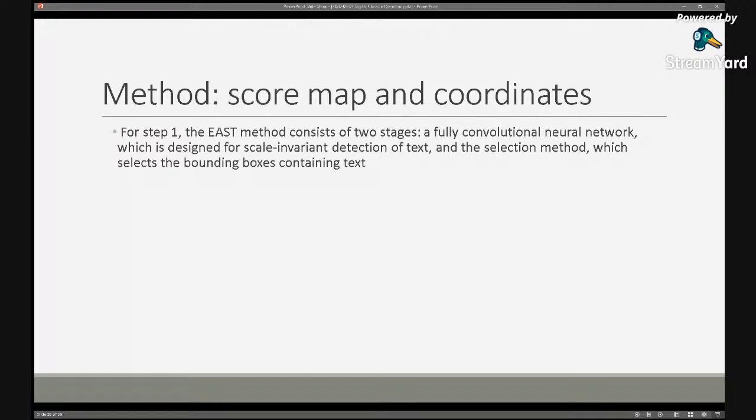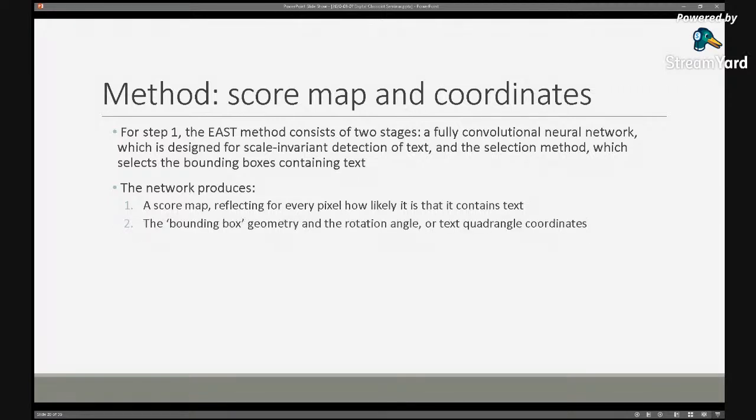The EAST method does this in two stages. It produces a score map, which basically says for every pixel, how likely is it that there's text in that pixel? And then it produces the coordinates of the four corners of the bounding boxes, essentially.